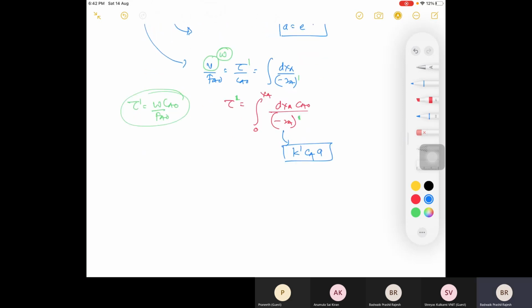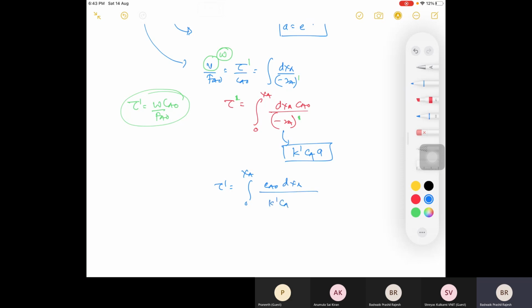So you'll be having a simple equation as tau dash is equals to integration 0 to xa Ca naught dxa. What is this?